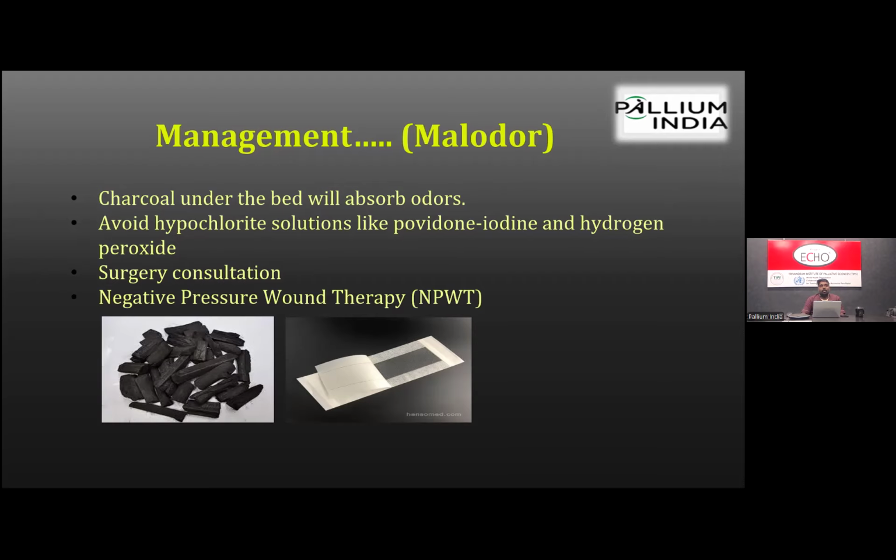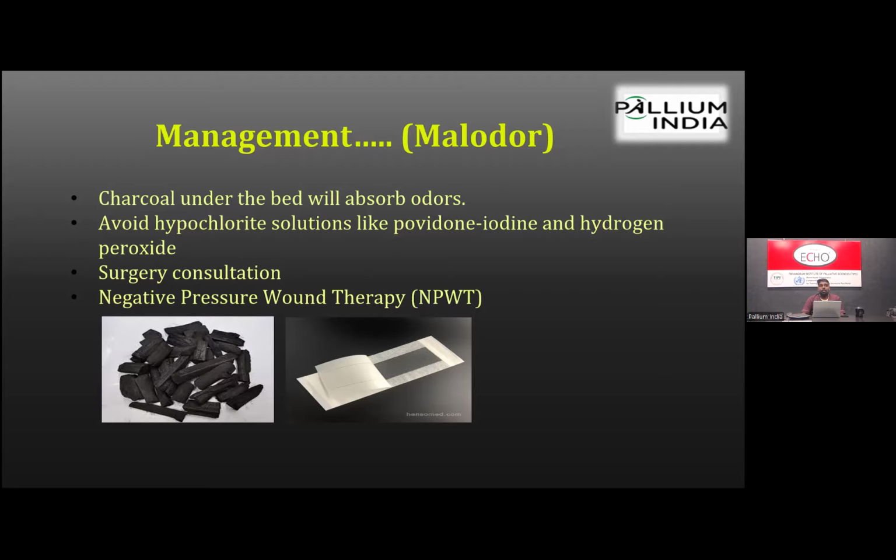One more point: the usage of hydrogen peroxide, betadine, povidone iodine solution, none of it is mandatory for pressure sore management. Normal saline or homemade saline is enough for wound cleaning.